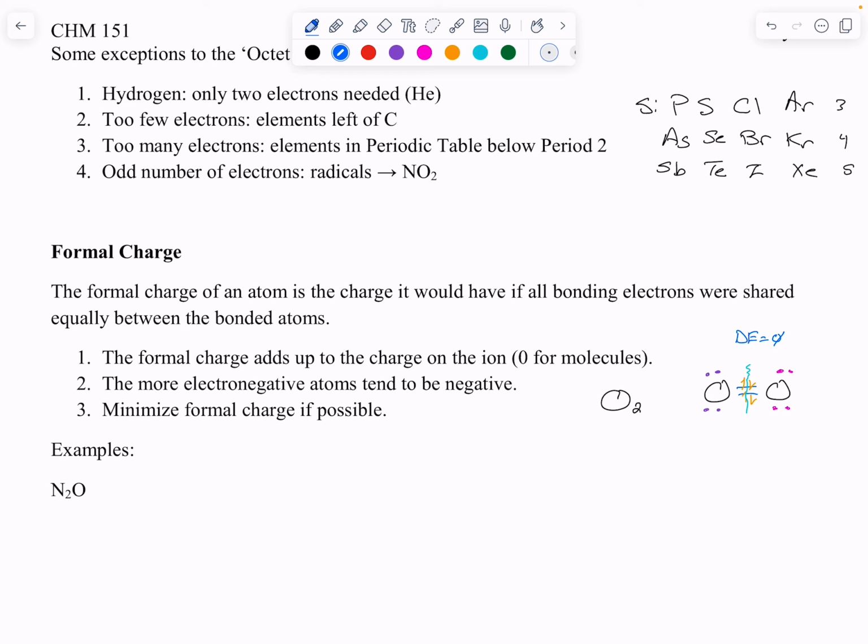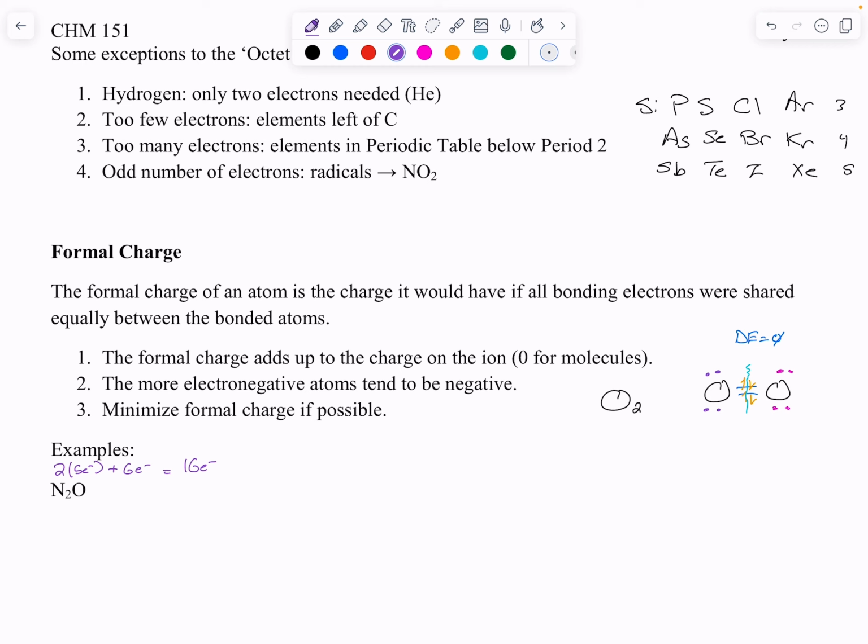N2O is different. We count the electrons: 2 times 5 electrons plus 6 electrons gives us 16 electrons. Now, the central atom is typically written first and is least electronegative.